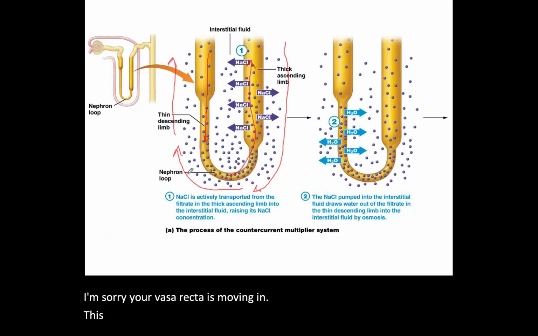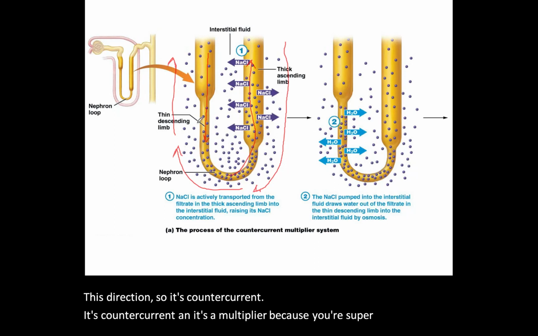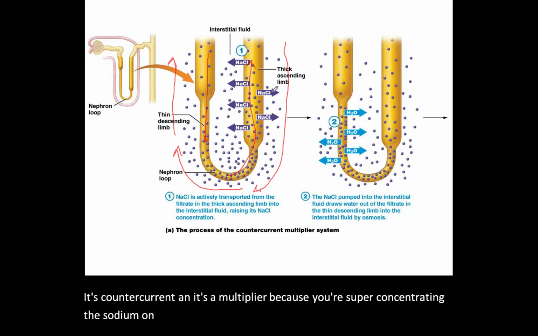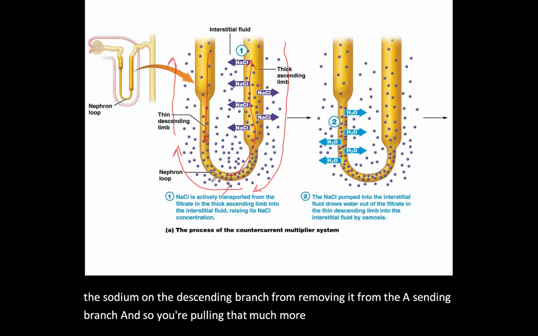So it's countercurrent. And it's a multiplier because you're super concentrating the sodium on the descending branch by removing it from the ascending branch. And so you're pulling that much more water out of the descending limb where the loop is here.